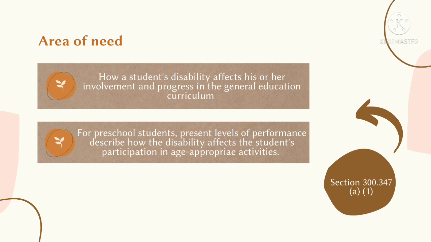And for preschool students, present levels of performance describe how the disability affects the student's participation in age-appropriate activities. Age-appropriate activities here in this context refers to age-relevant developmental abilities or milestones that typically developing students of the same age would be performing or would have achieved.